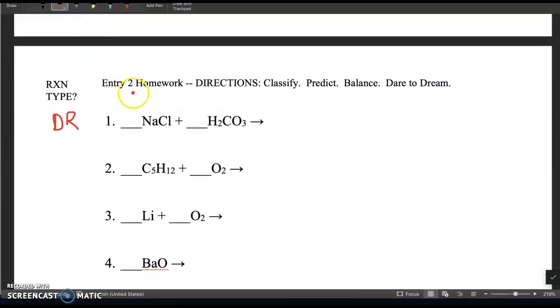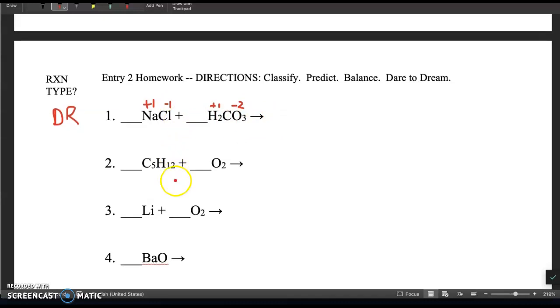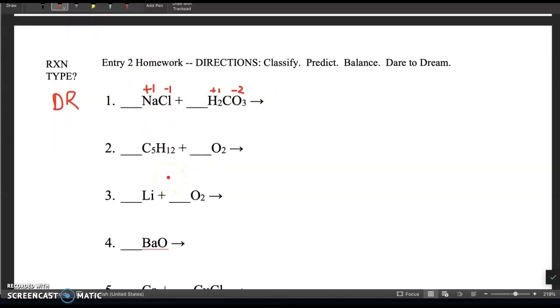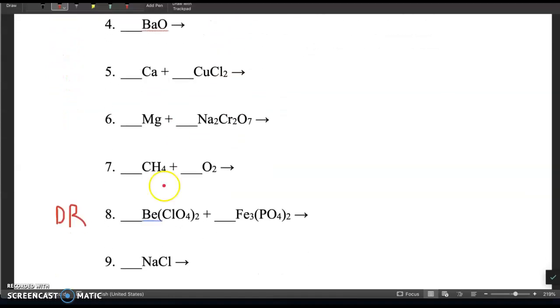Okay, so sometimes it's helpful to just write the charges right above it. So +1, -1, +1, and -2. Okay, now for the sake of this, I'm going to not do that for every single problem that we do, but I'll do it for these as well.